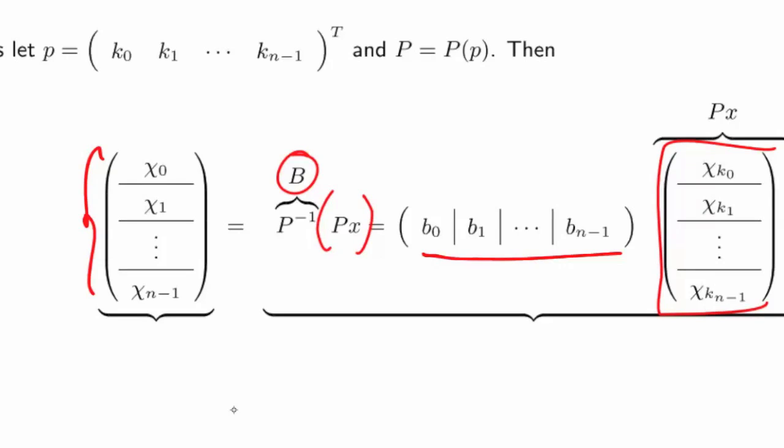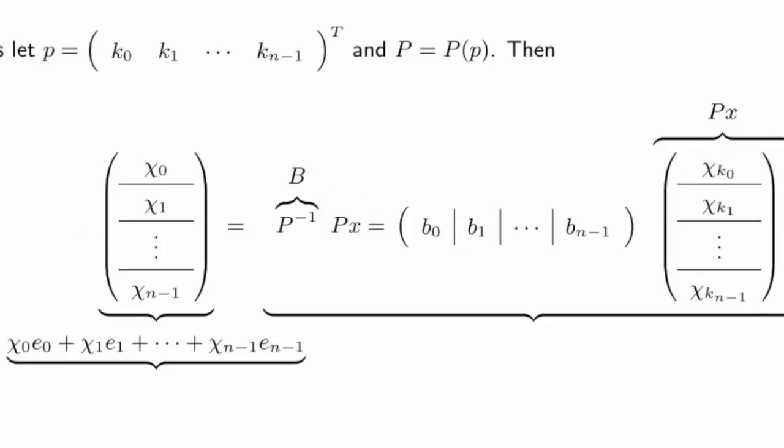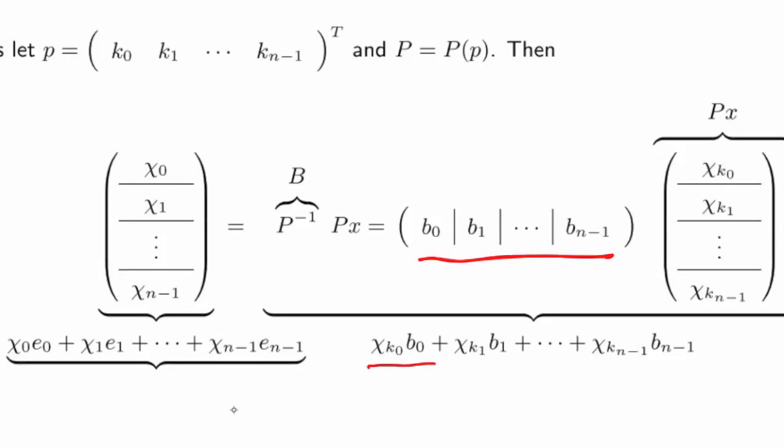Now, we remember from when we introduced vectors and unit basis vectors that we can think of any vector as just the linear combination of the unit basis vectors. And that's what we have expressed here. On the right, we have learned that performing a matrix vector multiplication is the same as taking the linear combinations of the columns of the matrix, where the coefficients for the linear combination are given by the components of the vectors.